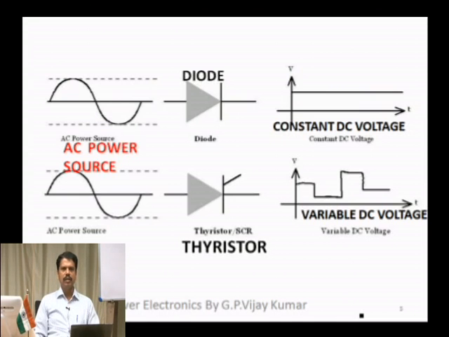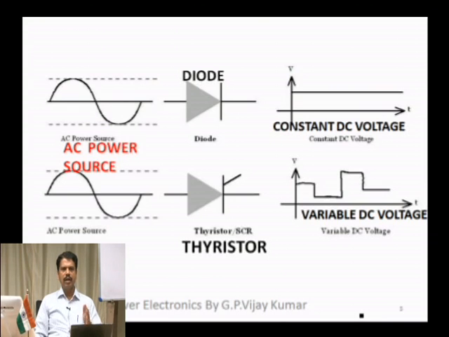In the first 3 sessions on power electronics, you have been introduced to all the devices. Now you already know the VI characteristics of all those devices. For the thyristor, I already made the point clear. For a variable DC output voltage, we use the power semiconductor device thyristor.